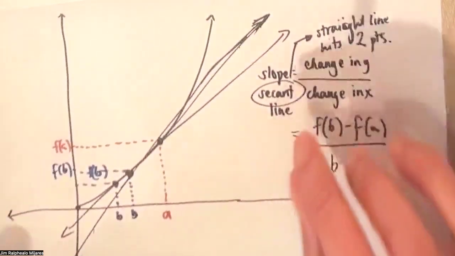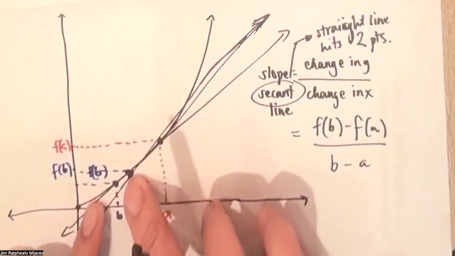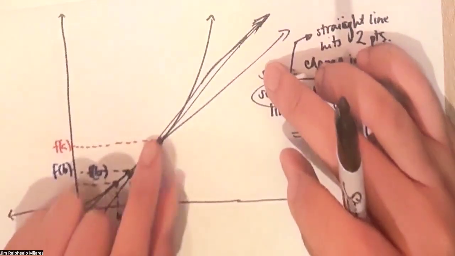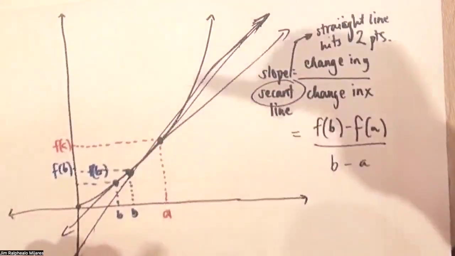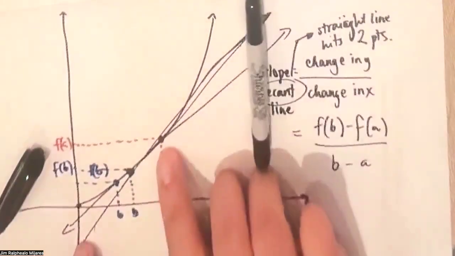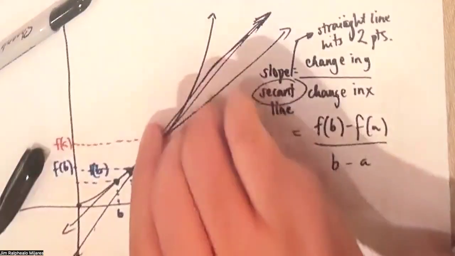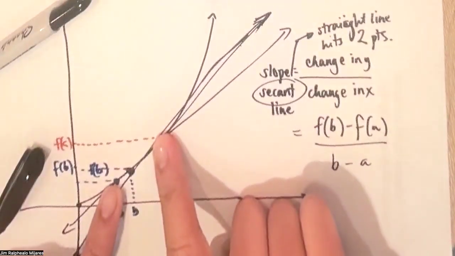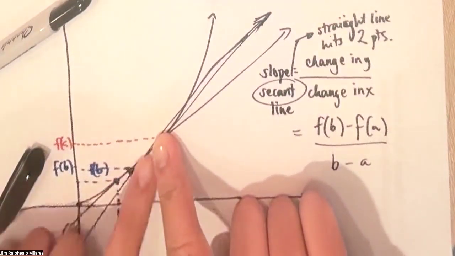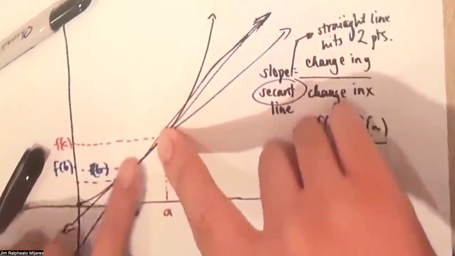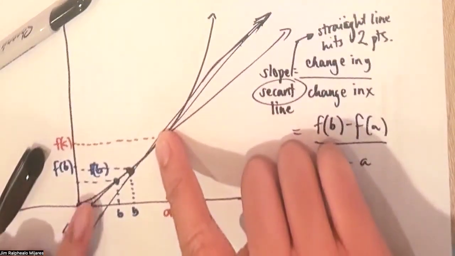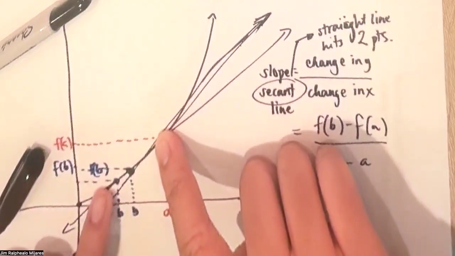Now, you can imagine that we're getting closer and closer to A. And then, if you can imagine, this point right here stays, but this point right here moves towards f of A. And in each of those points, you define a line.